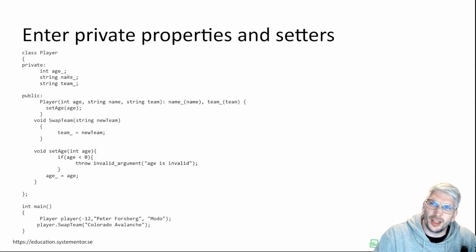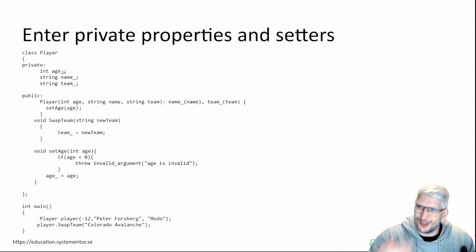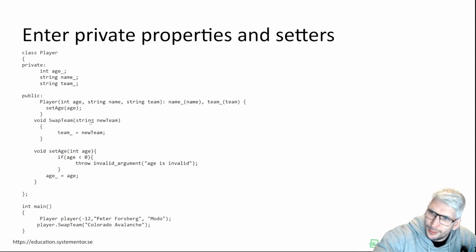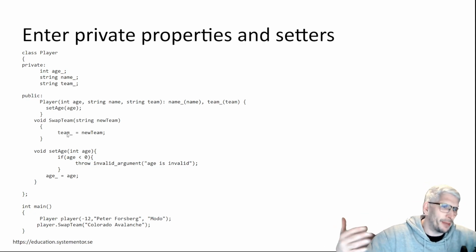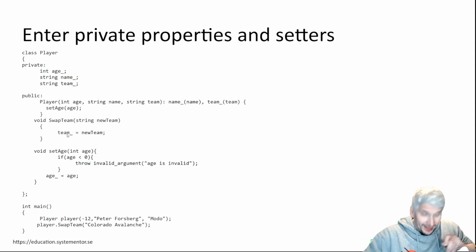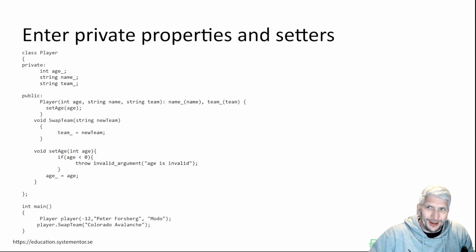I usually don't use that, but you're free to use it, to mark your variable so you can see this is a member variable. Some people like it, some people don't. I actually don't, but I want to show you there is more than one way to do things.